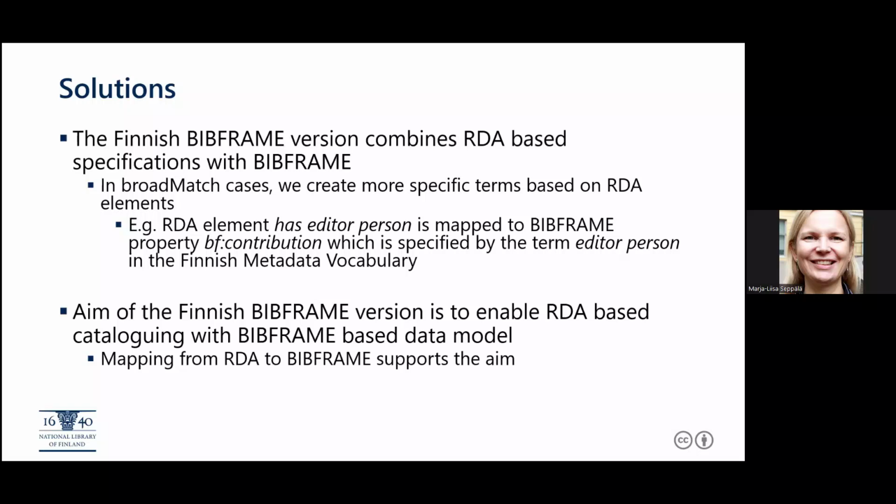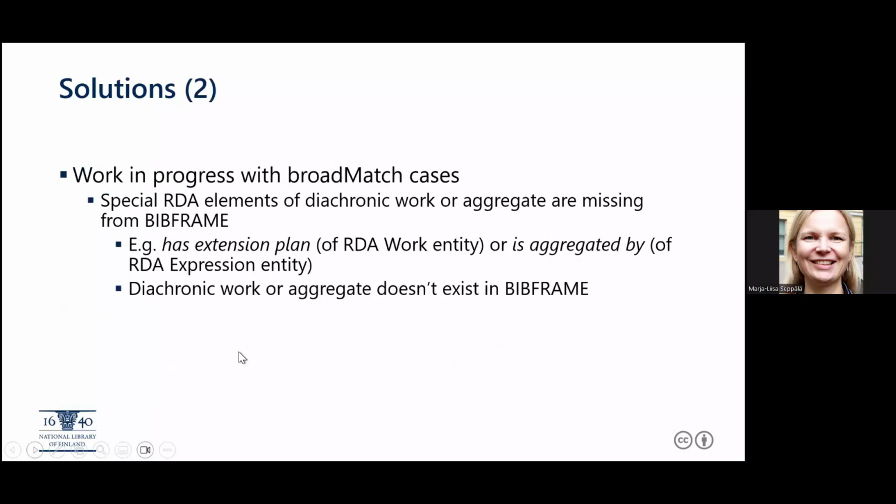The aim of Finnish BIBFRAME version is to enable RDA-based cataloging with BIBFRAME-based data model, and that's why this mapping has been very useful, and it tries to support this aim.